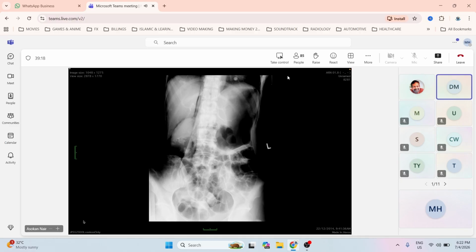Because of trauma. Okay. No history of trauma. Yes, rare, but no history of trauma. It could come from retroperitoneal organs.